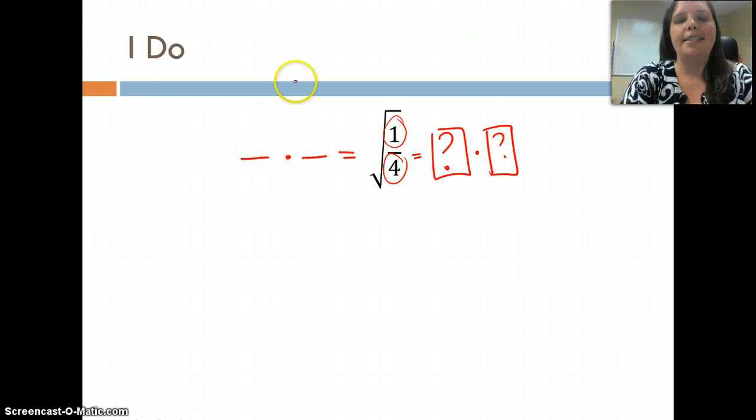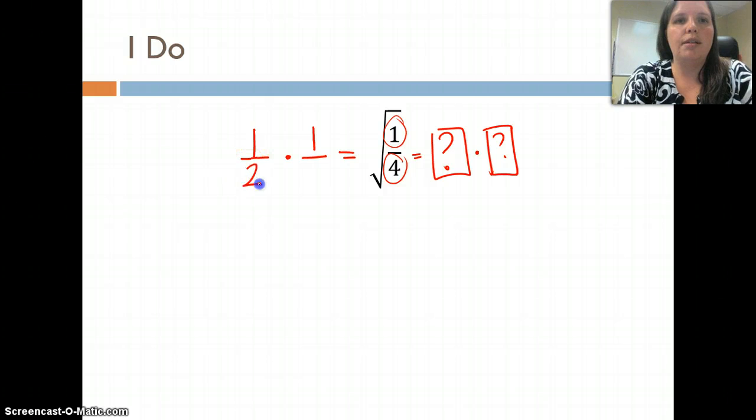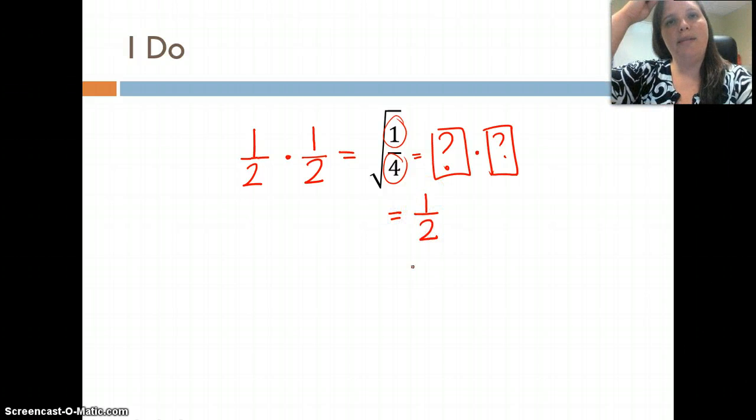Well, I multiply tops and bottoms. So I need to figure out individually what times itself gives me the 1 on top. Well, that would be a 1. That's the only way to get something times itself to give me 1. And then how about the denominator? Well, it would have to be 2 times 2. So the square root of 1/4 is 1/2, because 1/2 times 1/2 is equal to 1/4.